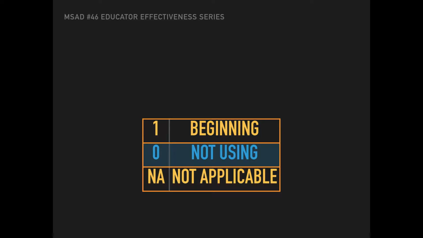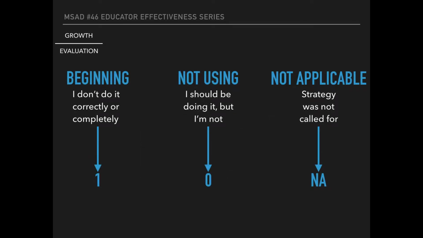Most of you, during your self-assessment, might not put yourself here, but let's just identify what these parts of the scale mean, because if you see them or you're observed on them and you get the score, this is what it's saying. A 1, or a beginning, is considered that I don't do it correctly or completely.